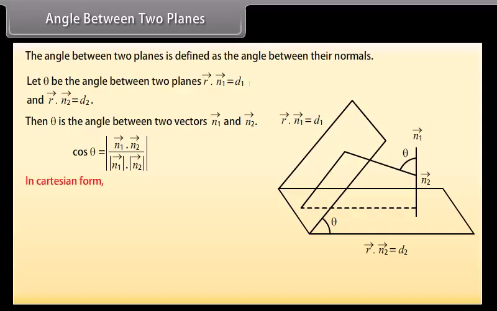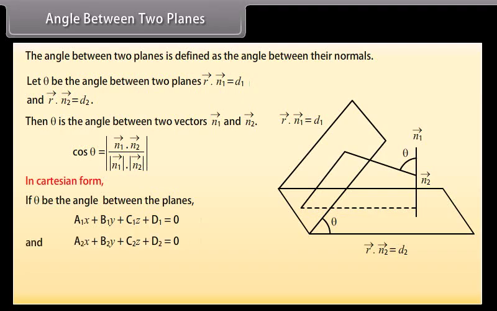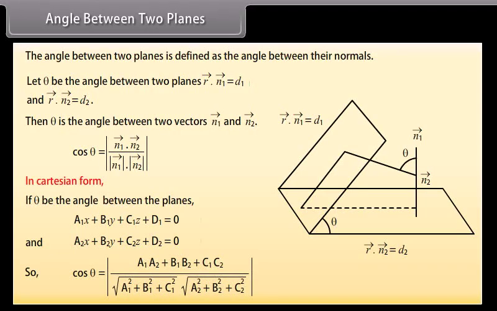In Cartesian form, if theta is the angle between two planes a1x + b1y + c1z + d1 = 0 and a2x + b2y + c2z + d2 = 0, then cos theta equals the modulus of (a1a2 + b1b2 + c1c2) divided by square root of (a1² + b1² + c1²) into square root of (a2² + b2² + c2²).